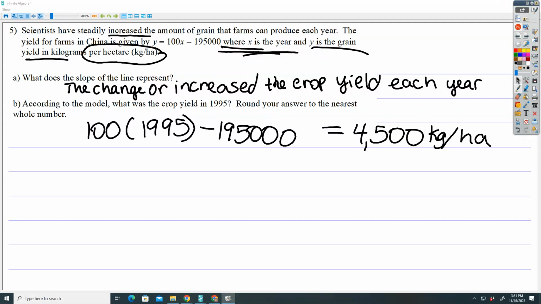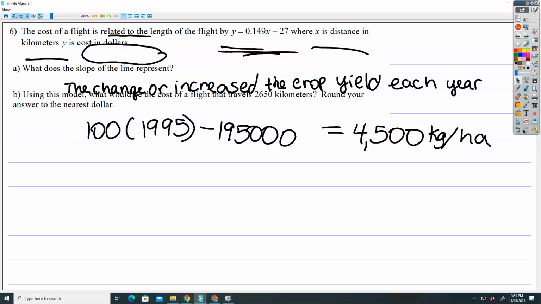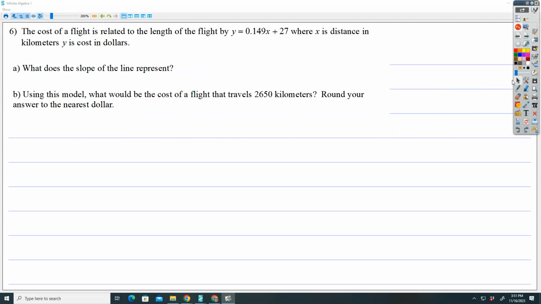Okay, we've got one more example. The cost of a flight is related to the length of the flight by y equals 0.149x plus 27, where x is the distance in kilometers and y is the cost in dollars.